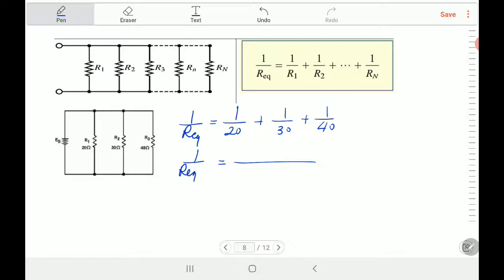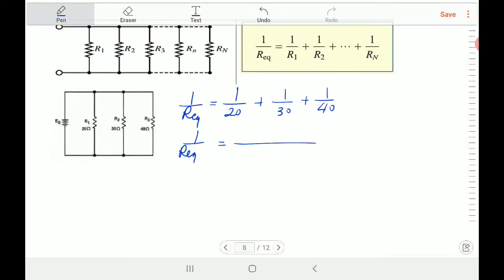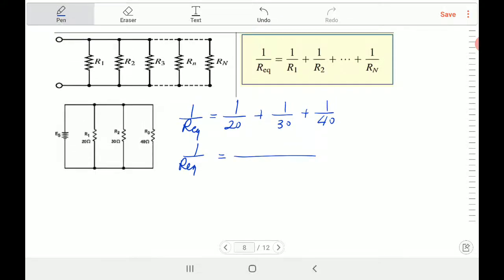So I'll find the common denominator, if you remember that. The common denominator would be 120. So that's 1 over 20, you multiply this by 6, 6 times 1 is 6. Plus 1 over 30, I multiply the top by 4.